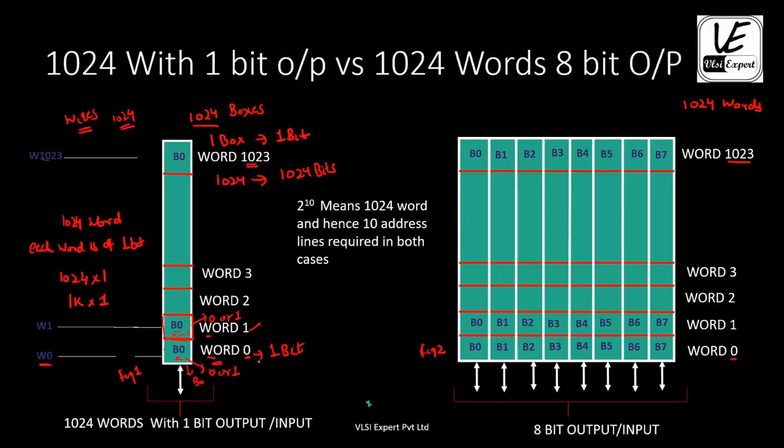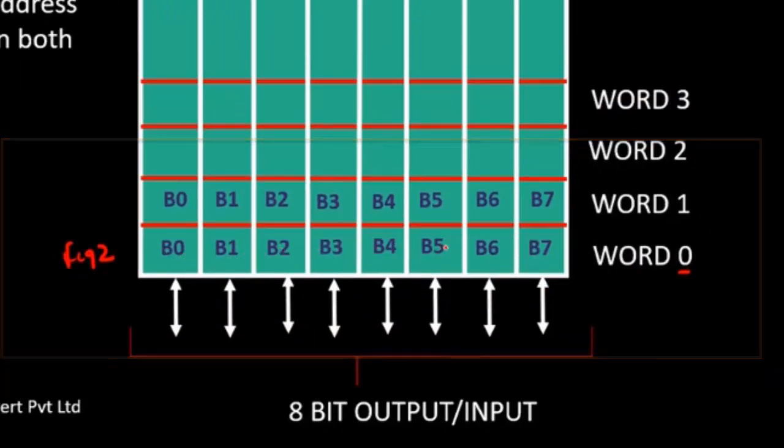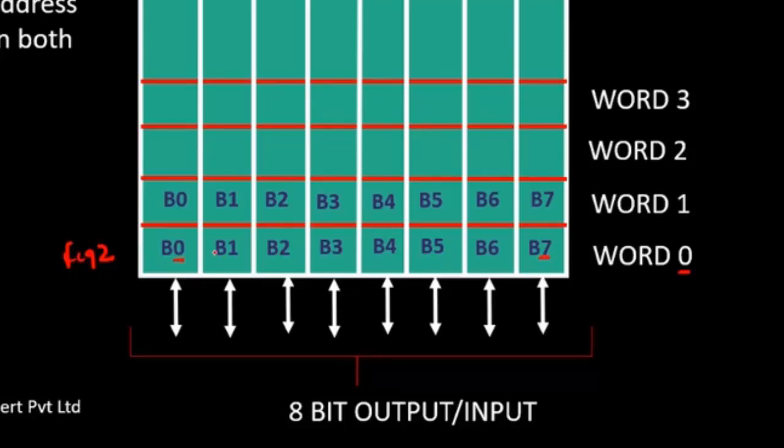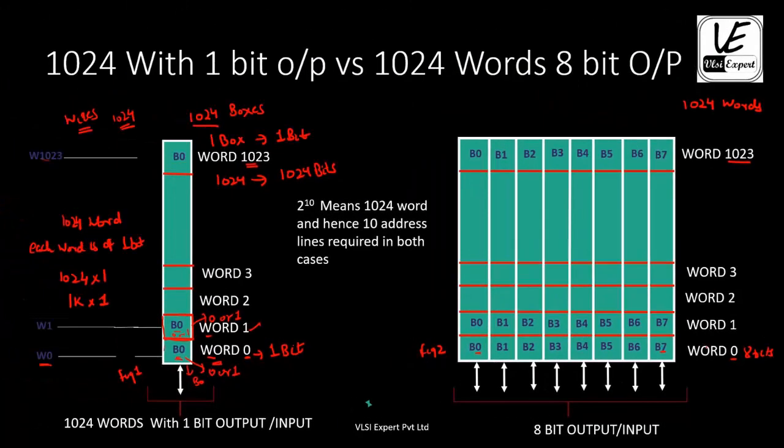The difference is, in word 0, I'm storing bits 0, 1, 2, 3, 4, 5, 6, 7, and again mind it, I'm starting from 0 and going till 7. That means how many bits do you have? You have 8 bits. So right now each word is storing 8 bits.